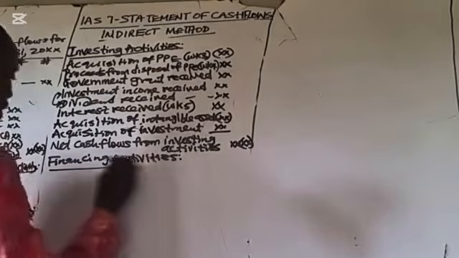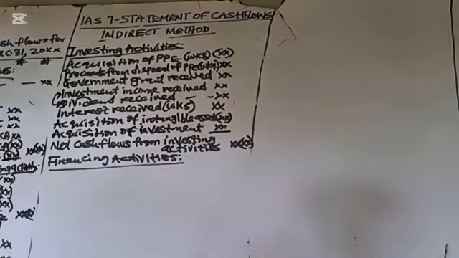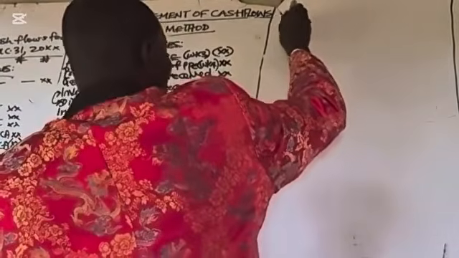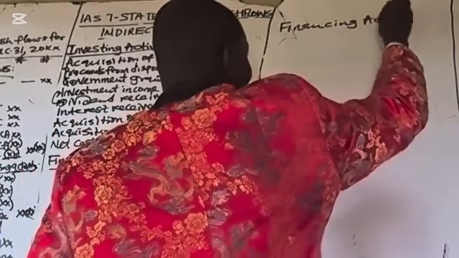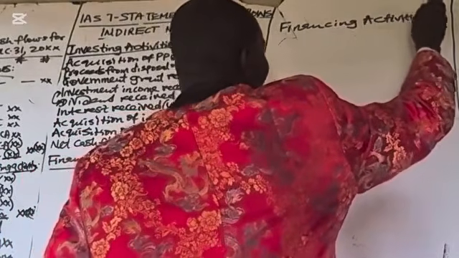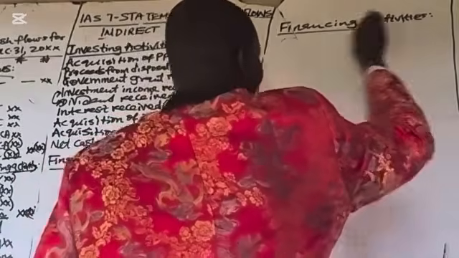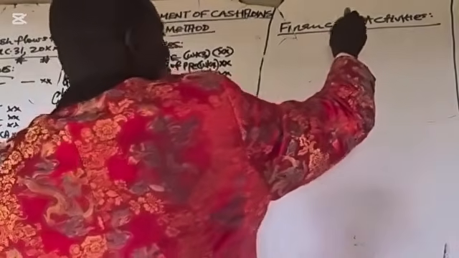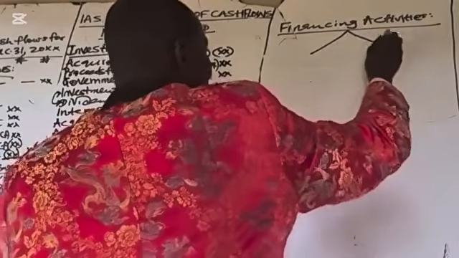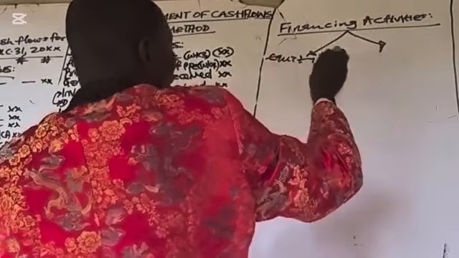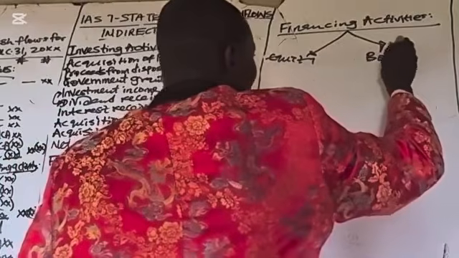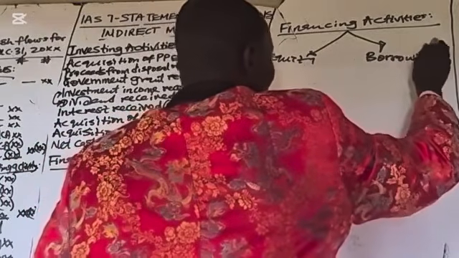Financing activities are those activities that result in changes in equity and borrowings. Every business has two major sources of finance. The capital structure of the business comprises equity and borrowings, equity and debt.